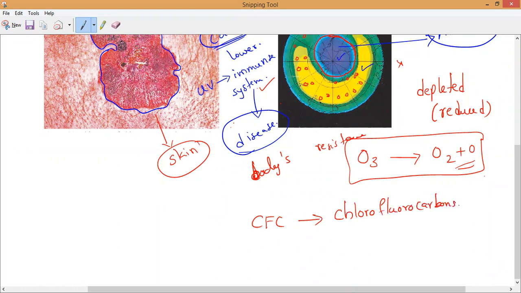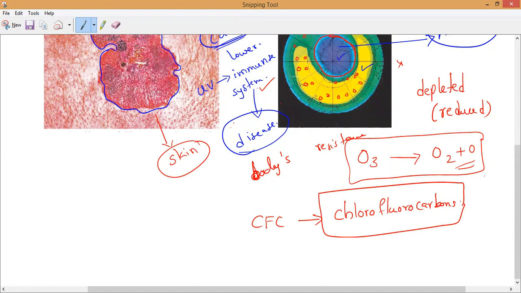Chlorofluorocarbons. Because of using these chemicals, we cannot survive without them, I will say. So these CFC chlorofluorocarbons only are causing the depletion or reduction of the ozone layer. The thickness is reduced because of this CFC only.